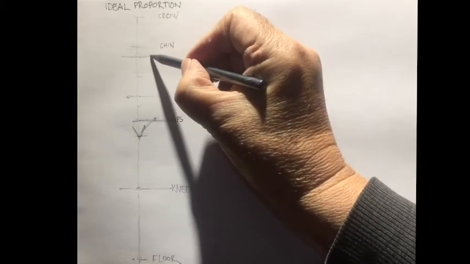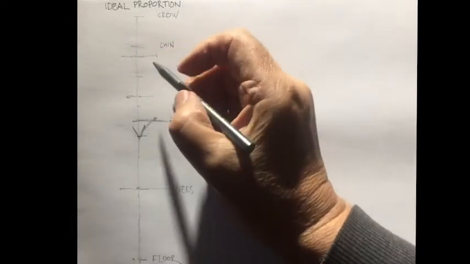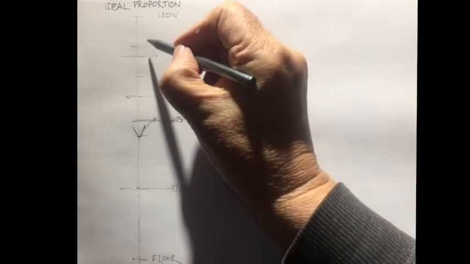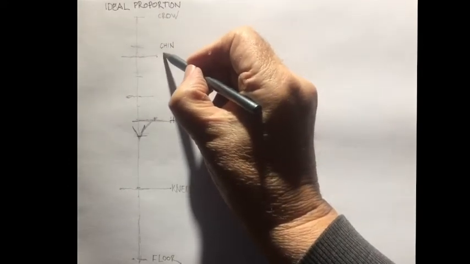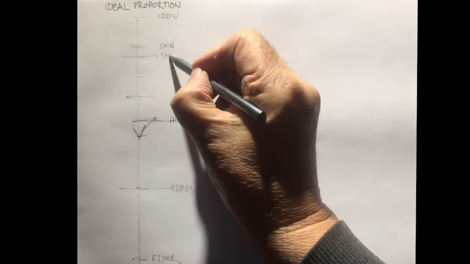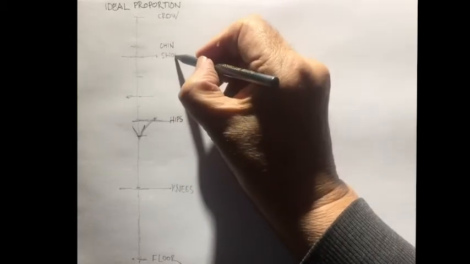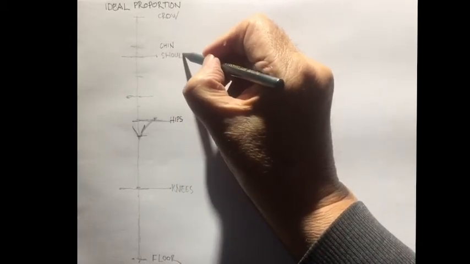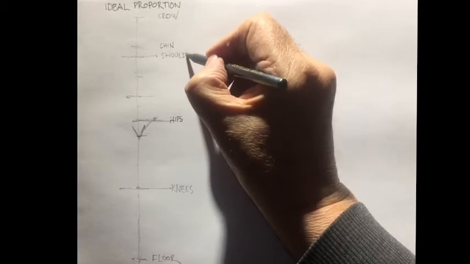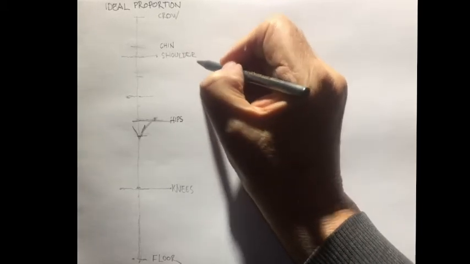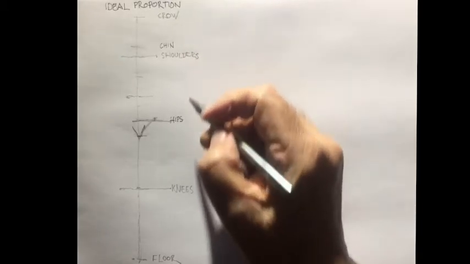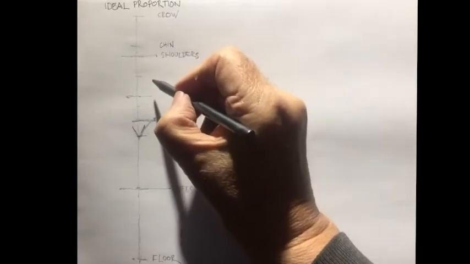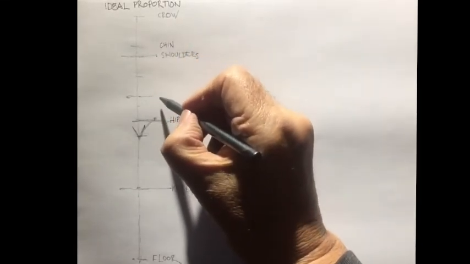But now with these extra measurements that we've got here, that'll be the chin, this will be the shoulders. I hope I've got enough width, but otherwise I'll just draw right across my writing. Shoulders. Knees. This one will be the waist.